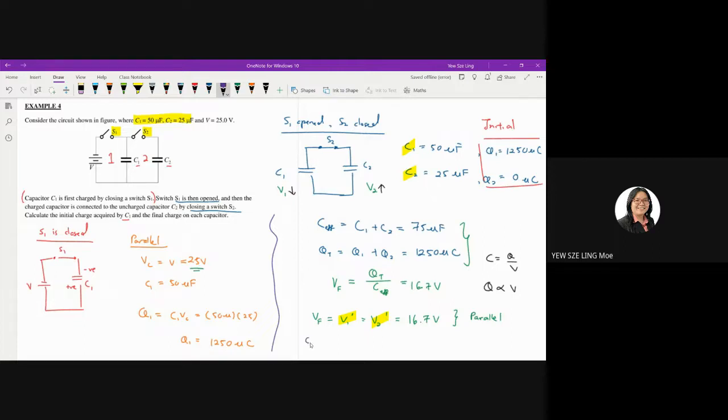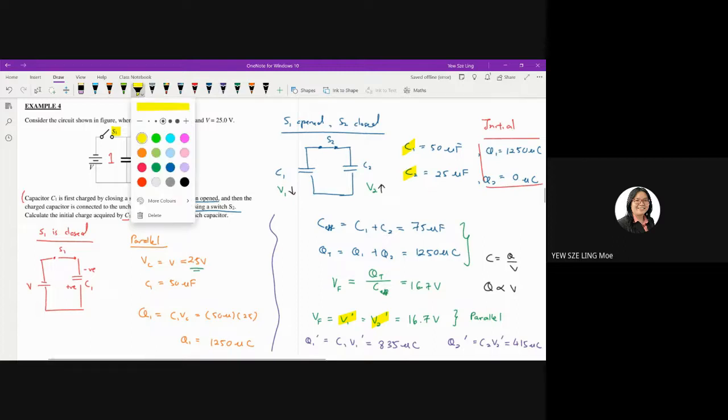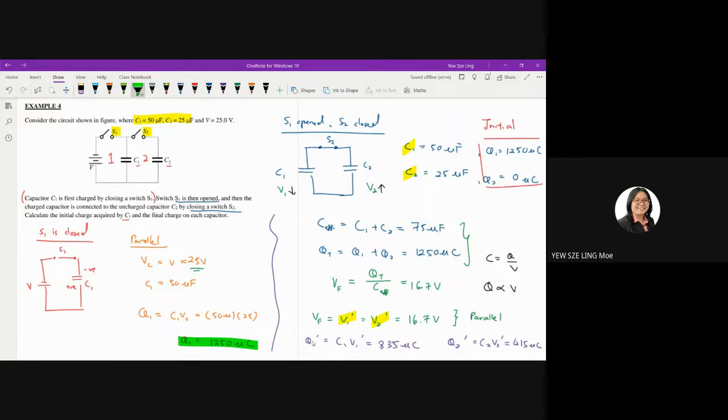Q1 final is equal to C1 V1 final, which is 835 microcoulomb, and Q2 final is equal to C2 V2 final, which is 415 microcoulomb. That is the final answer for example 4: Q1 initial, Q1 final, Q2 final.